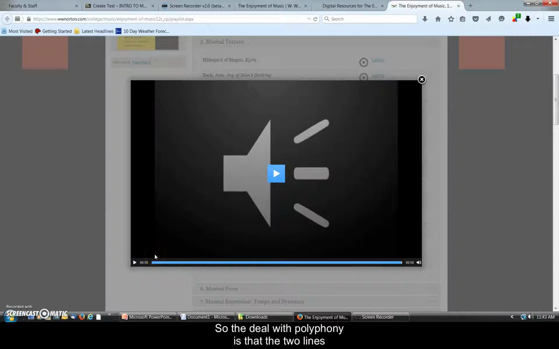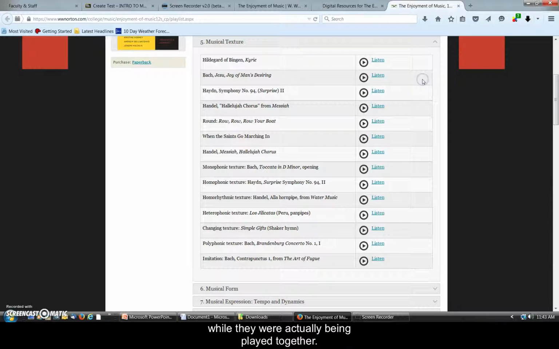So the deal with polyphony is that the two lines don't have to be going uniformly together at the same time. You can hear they were kind of going back and forth with each other, but they were crossing and becoming independent musical lines while they were actually being played together. So it's definitely a complicated type of texture there.